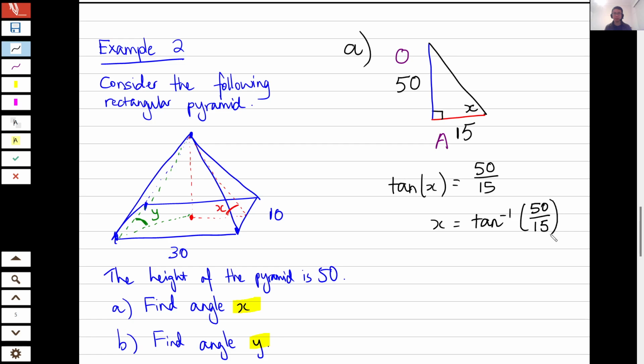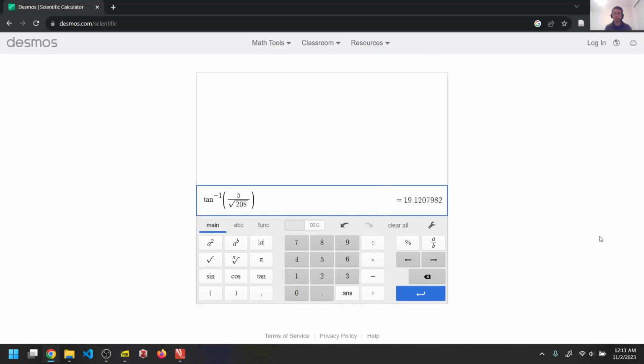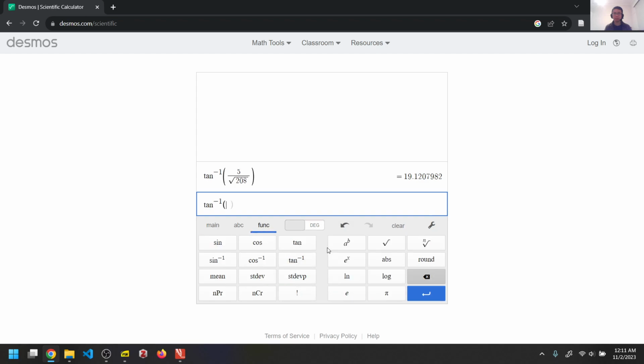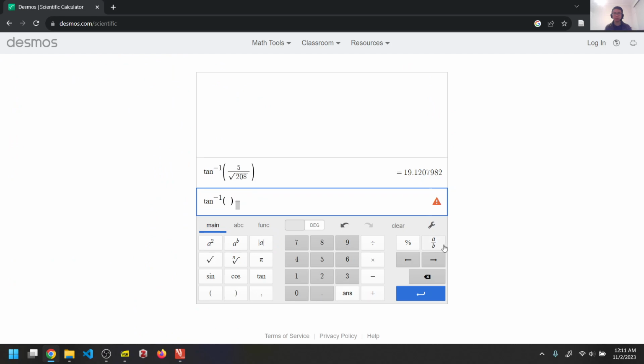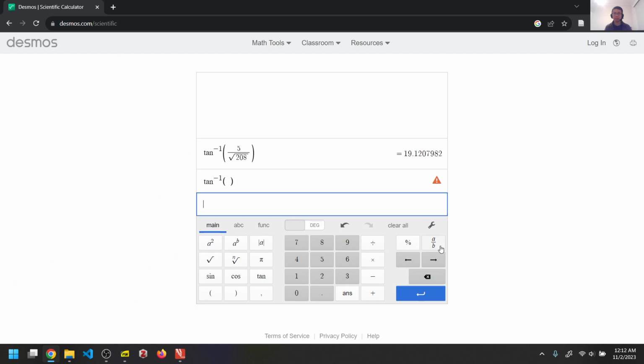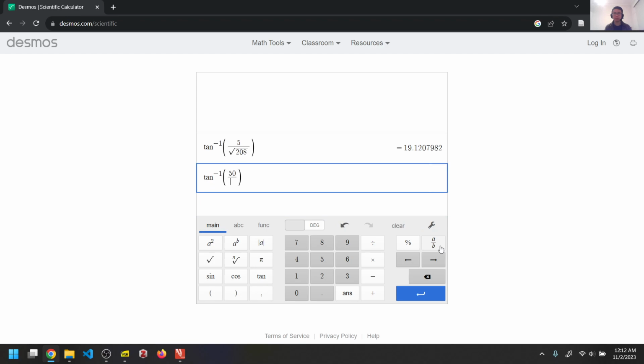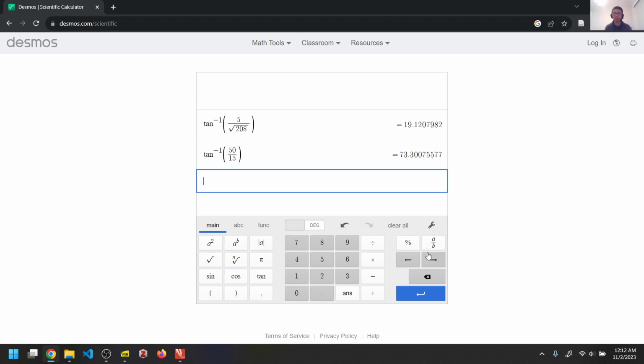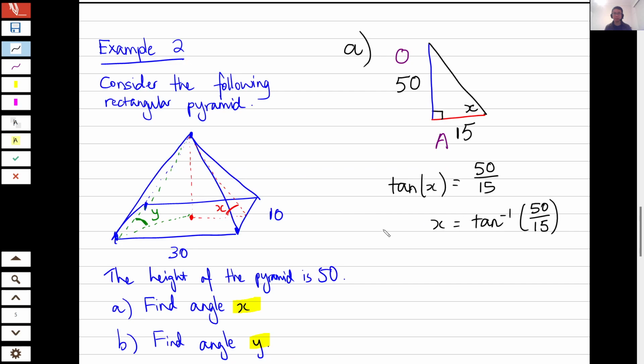And if I put this into the scientific calculator, I will get the following. Inverse tan of 50 divided by 15 is 73.3 degrees, correct to 1 decimal place.